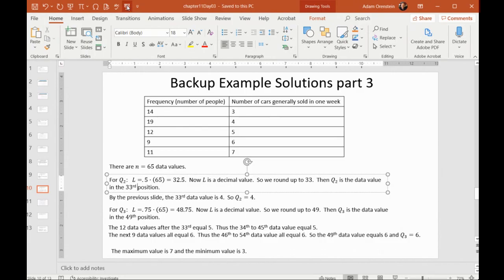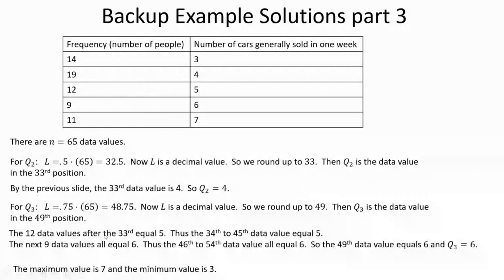Let me say it again. We're calculating L, which is 0.5 times 65. We have 65 data values. For the median, for the second quartile, we do 0.5 times that. We get 32.5 in this case. And so now that's a decimal. We round it up to 33.